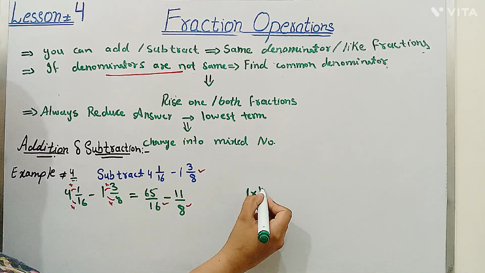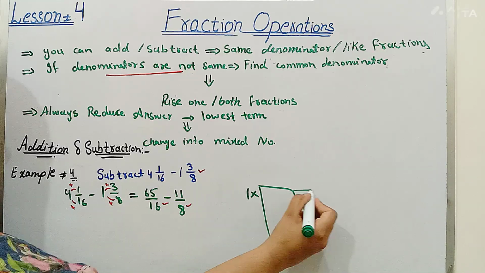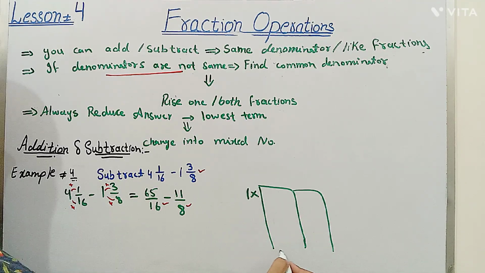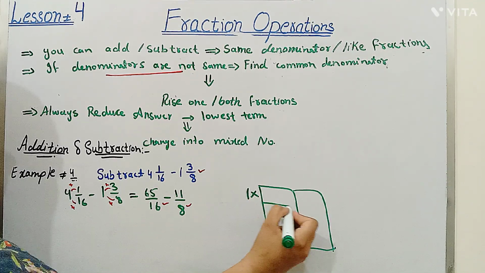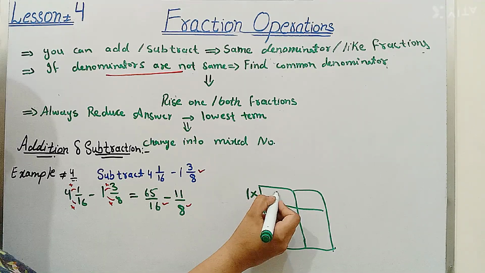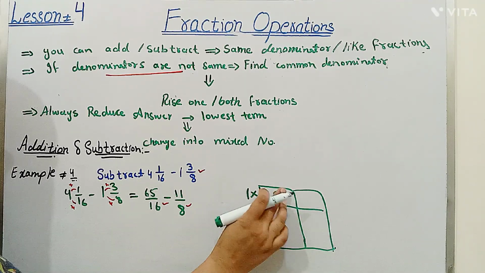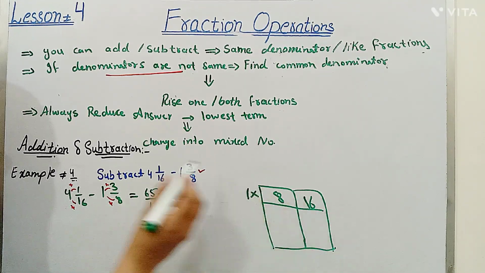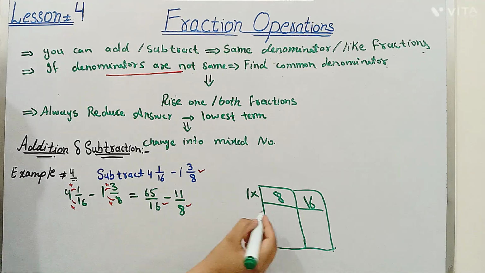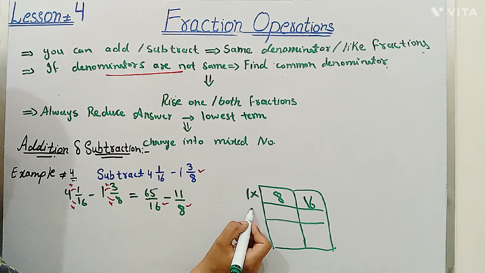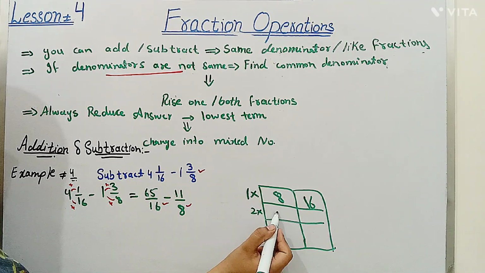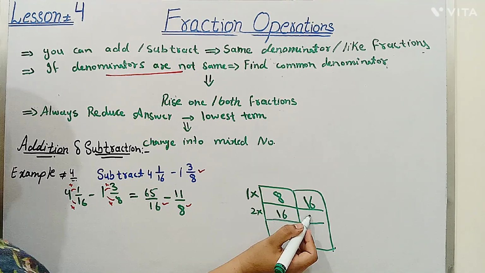How? 1 multiplied by 8 is 8. When we multiply 8 by 2, 8 twos are 16.